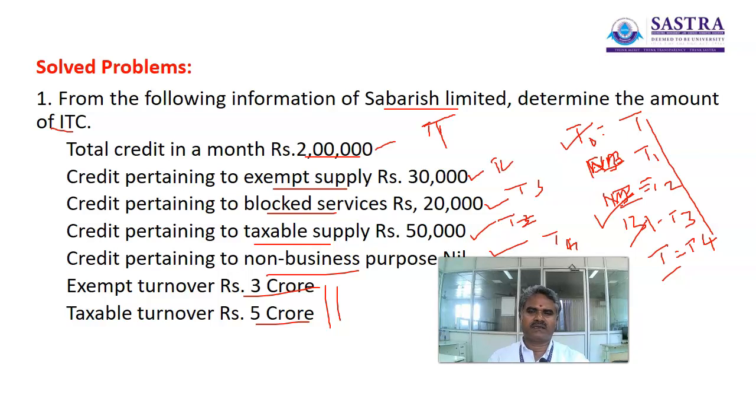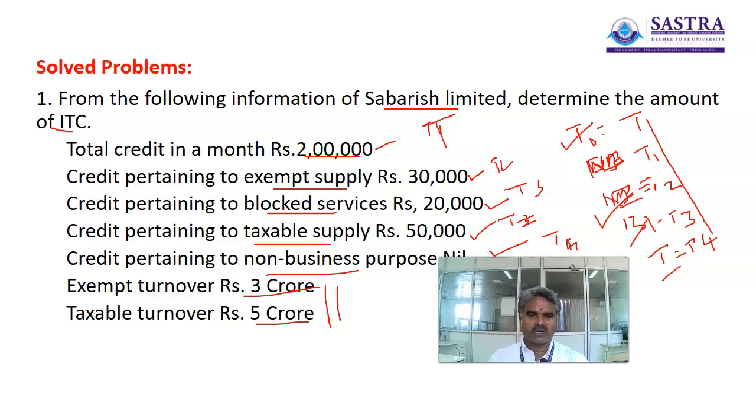Total credit in a month is rupees 2 lakh, but credit pertaining to exempt supply is rupees 30,000, 20,000 is for blocked service, 50,000 is for taxable service. They don't have any non-business supplies.